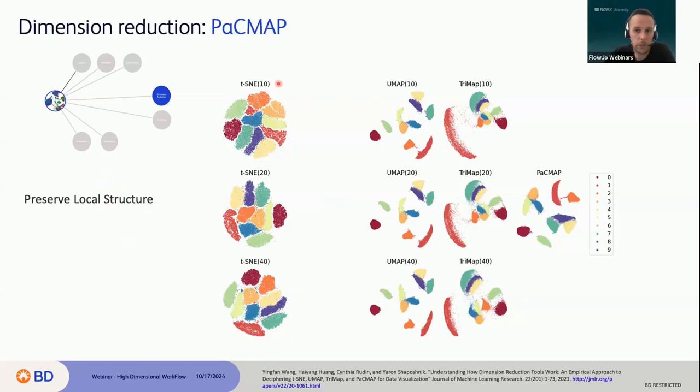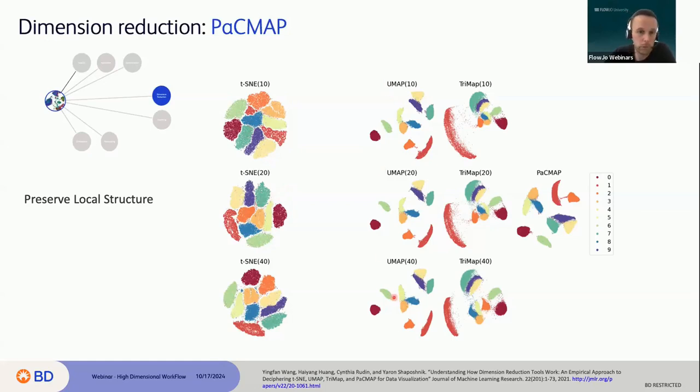If you have a good separation between the different classes, that means you preserve the data set better. So you can see that on t-SNE, we can really see a nice separation between each different cell population or classes in this case. So everything is good. So really t-SNE preserves well the local structure of the data.